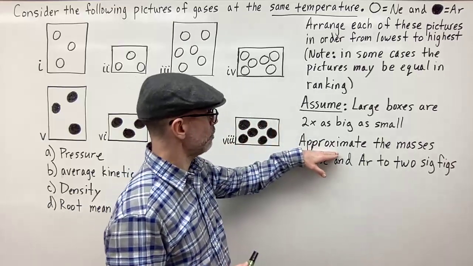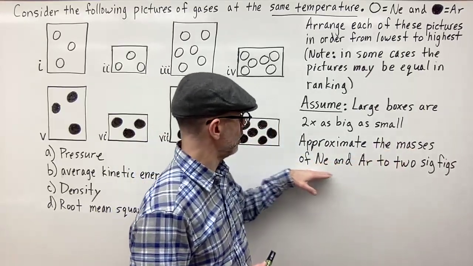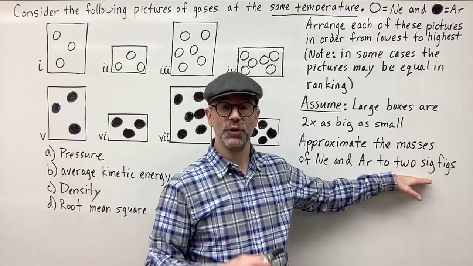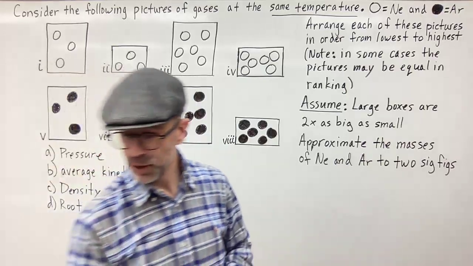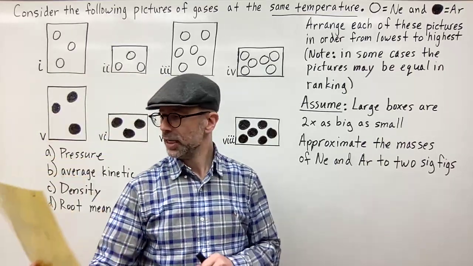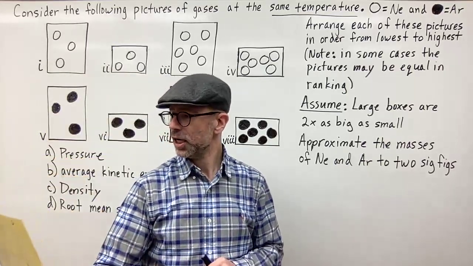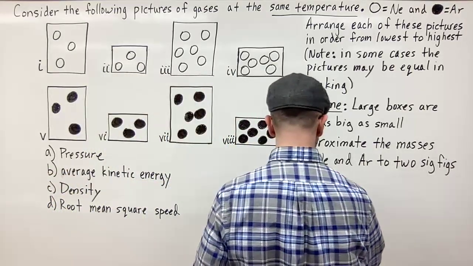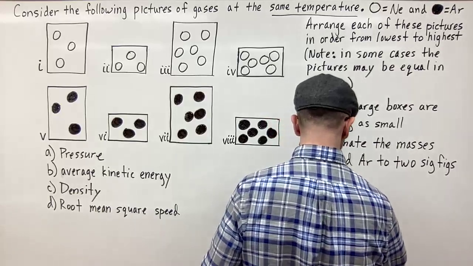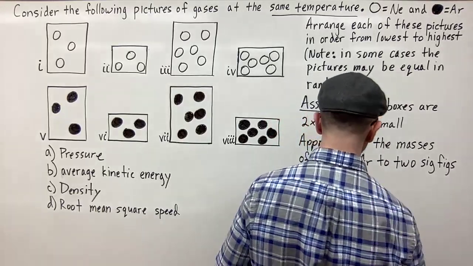And they're asking us to approximate the masses of neon and argon to 2 sig figs. So let's go ahead and do that. So if we look up neon on the periodic table that I have here, neon has a mass of 20.18. So we'll round that. So neon is just going to be 20, right?